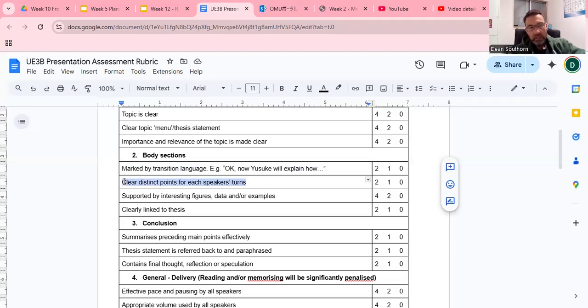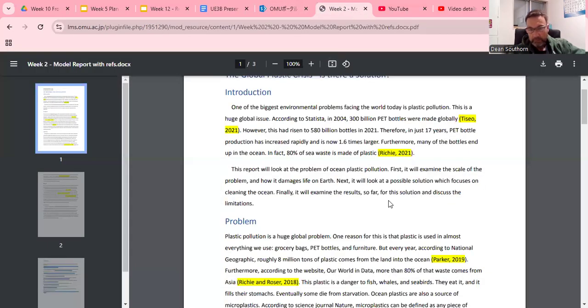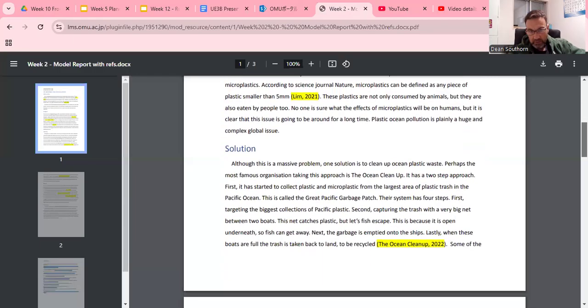So don't have one person talking about one topic. So, for example, if we go to the plastic, we say, I'm going to talk about the possible solution called the ocean cleanup. It has a two-step approach. First, it started to collect plastic and microplastic.